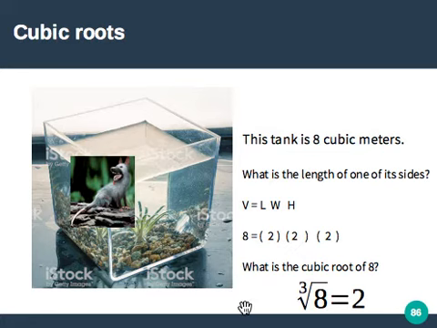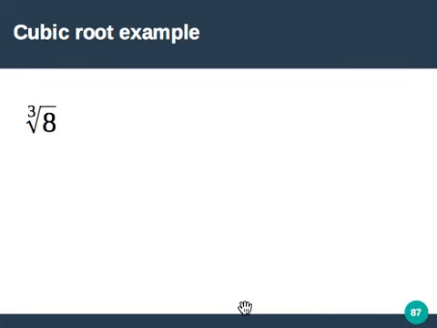Okay, and how do we get this result? How do things change for us when we're looking for cubic roots? Well, here it is, cubic root of 8. Let's remember, we're going to do the same procedure as before. We use the prime division method for 8, and it gives us 2 times 2 times 2, of course.